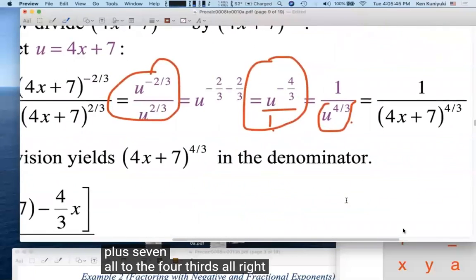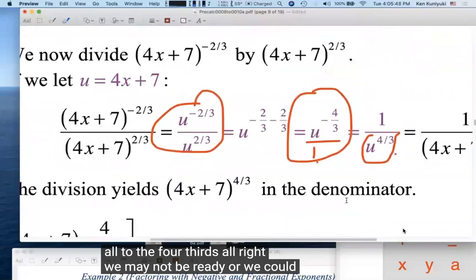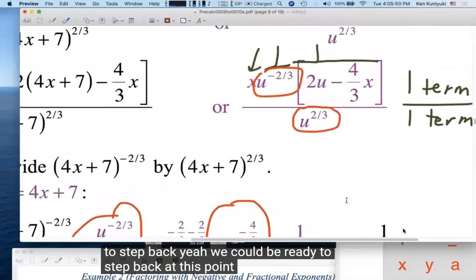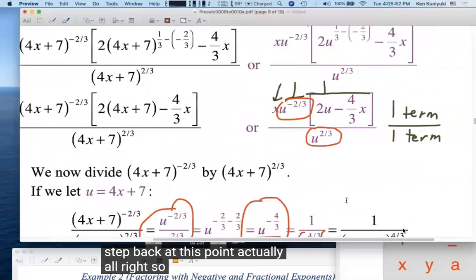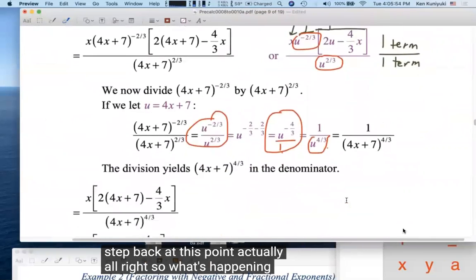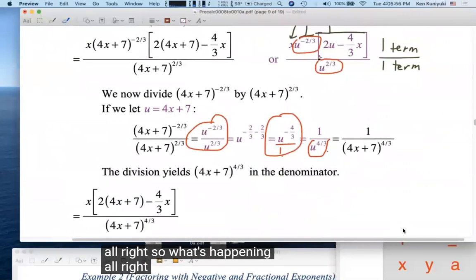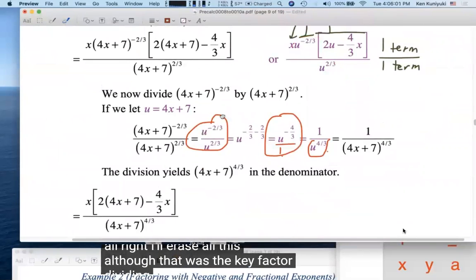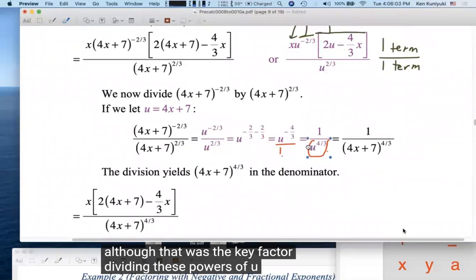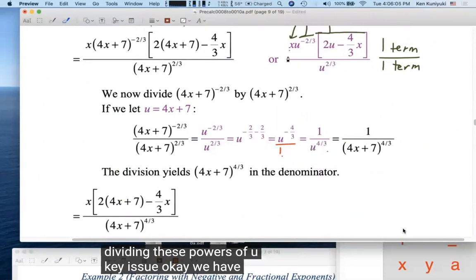All right. We could be ready to sub back at this point, actually. So what's happening? I'll erase all this, although that was the key factor, dividing these powers of u. Key issue. Okay, we have the x here.